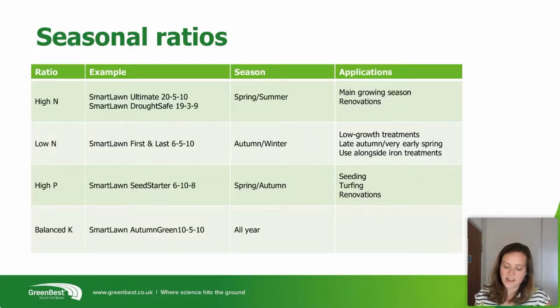Sometimes you'll see higher than that. If you want to go this high, then at least 50% of that nitrogen needs to be controlled release in some way. Otherwise, it's just going to grow so fast the customer will not be able to keep up with it. So the higher the nitrogen gets, the higher the percentage of coated nitrogen you want.